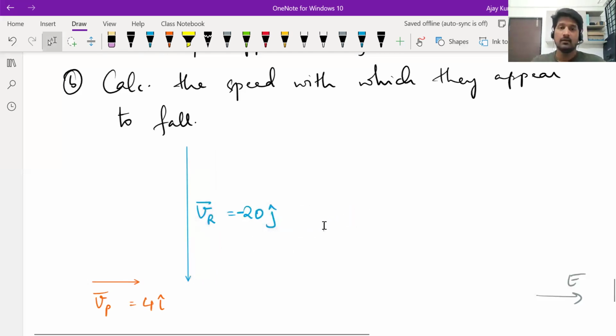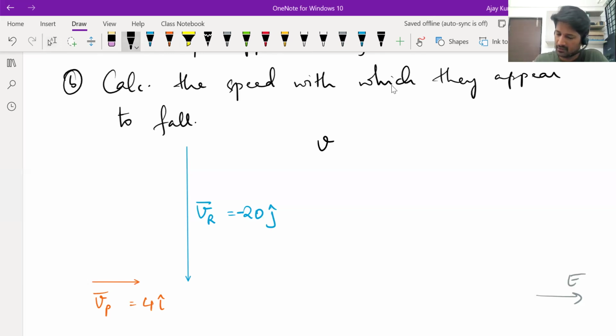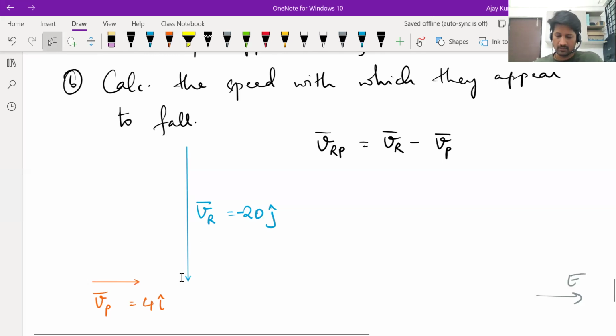Fine. Now, in the question, you are asked how the rain appears to fall relative to the person. So it's the relative velocity that we need. Velocity of rain with respect to person is what we are interested in. So velocity of rain with respect to person is velocity of rain minus velocity of person.